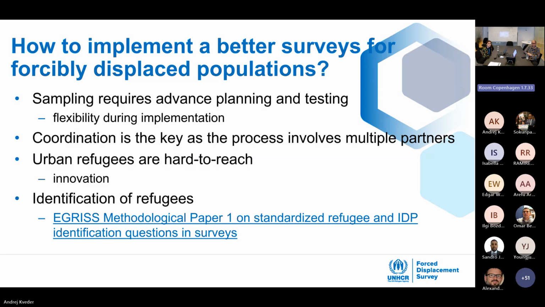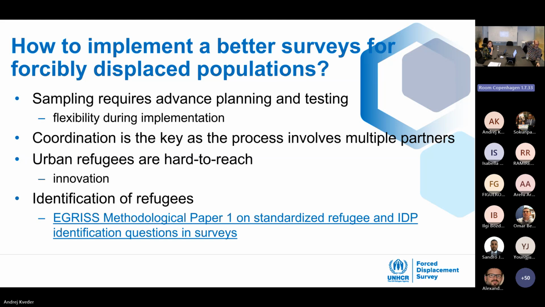It requires advanced planning and testing, some failures and keep trying, and, as a result, flexibility during implementation. As I saw in one of the chat questions, indeed there are some major conflicts in the regions, and we always need to be able to adjust sampling if need be. It is much harder than collecting data in countries where there's less mobility and less conflict.